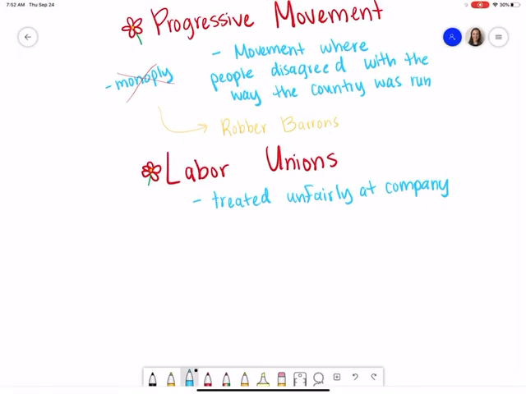Okay? And the company would come back and say something like, well, we have to make sure that they're working these hours because we have to get our product sold. Okay? Then the labor union would say, okay, well, let's reach a compromise. They need to be paid $2 more an hour to work these extra hours.